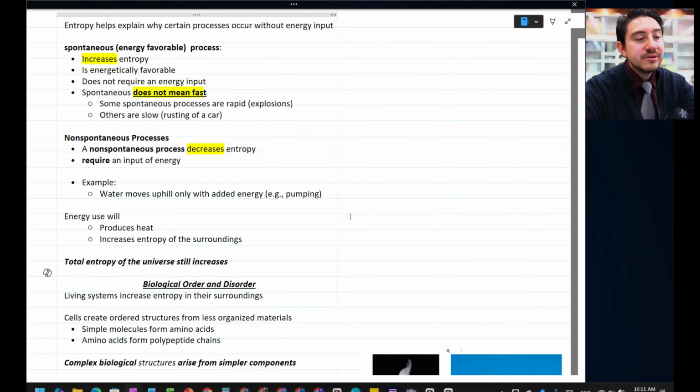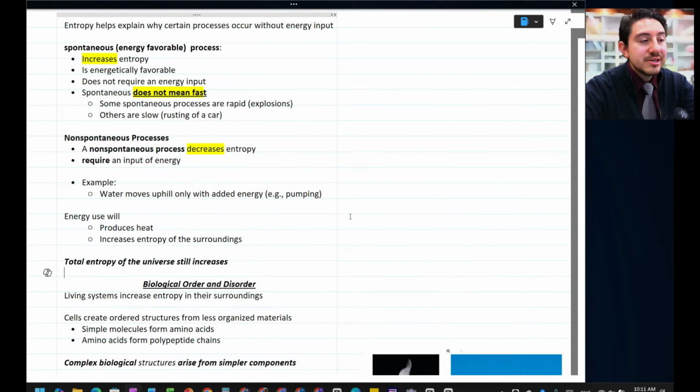It's an energy favorable process. Now, it doesn't necessarily mean that it's going to occur 100% quickly. It just means that it's energy favorable and it's most likely to occur by itself without a net input of energy. Now, these types of processes, and we're going to see some examples, increase entropy.